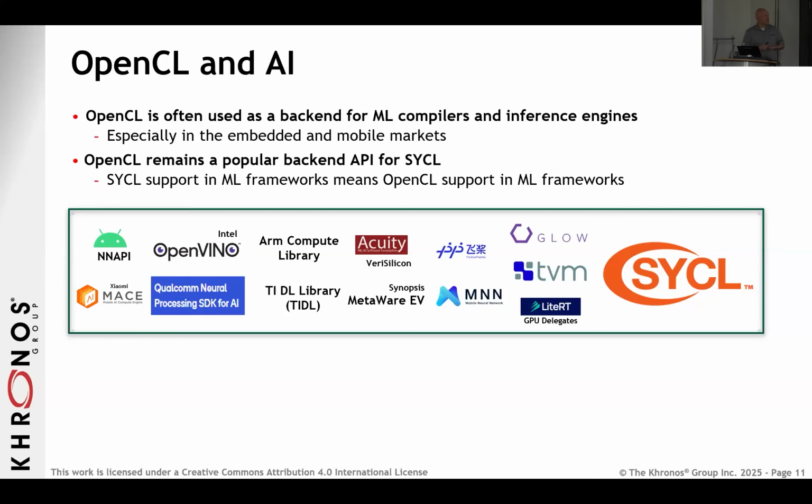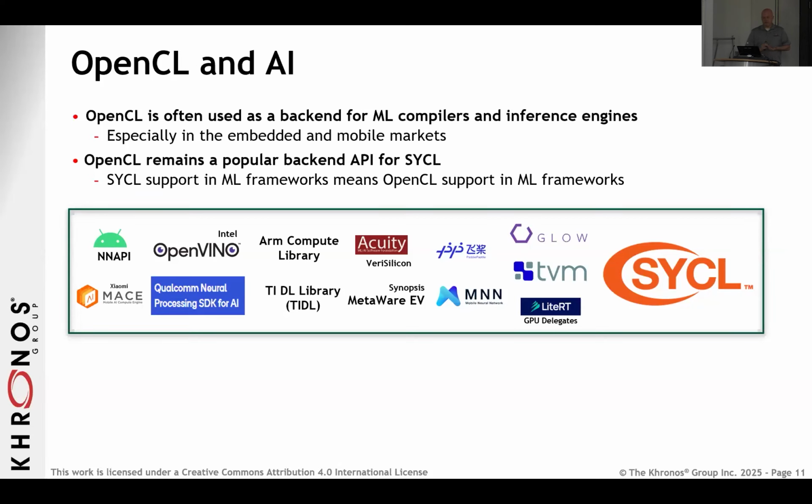This is especially true in the embedded and mobile markets. But the OpenCL use of AI tends to be indirect. It's used more behind the scenes as part of a vendor-provided inference engine. And we largely think that this is because AI is either moving too fast to efficiently standardize right now, or it's too difficult to use for some devices, or some combination of the two.